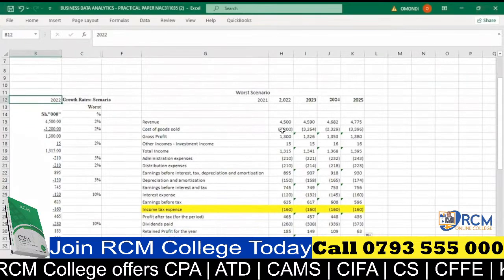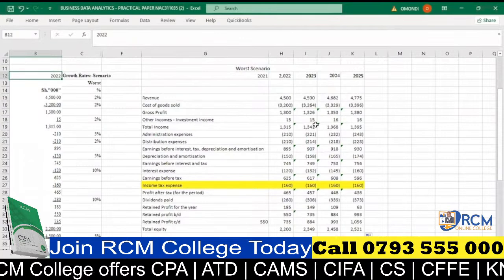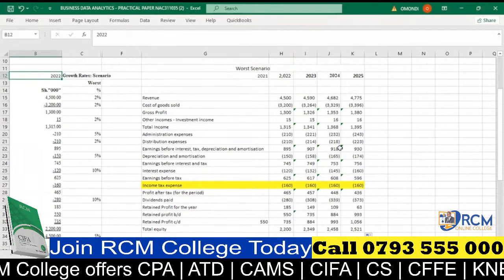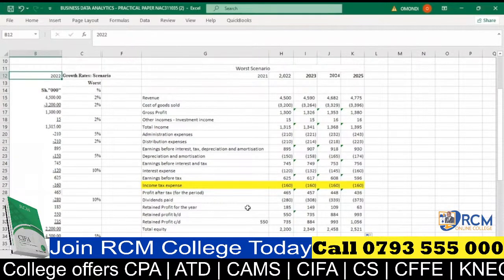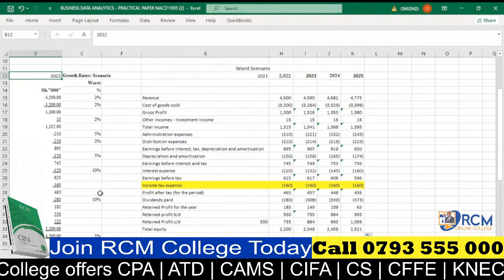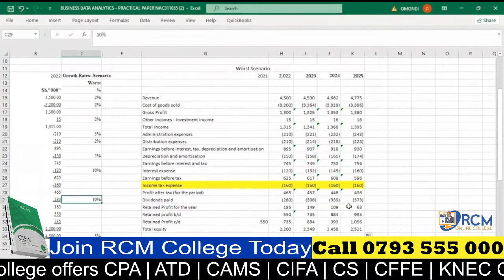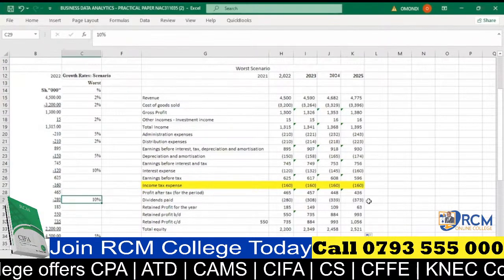Sasa kazi kama hii nikikwambia ufanye uweke kwa email, itakuwa kazi ngumu kweli? Okay, so dividends you are given percentage increase. Dividends ulipewa percentage increase, sasa hiyo haina shida. You just take the percentage increase and then you work it out.